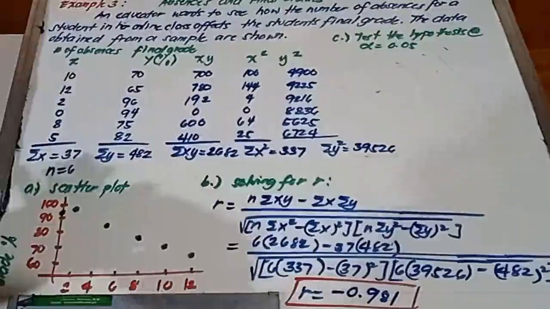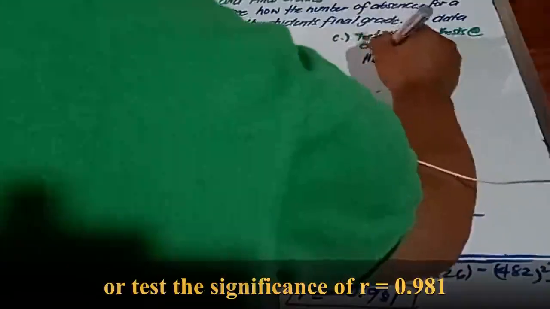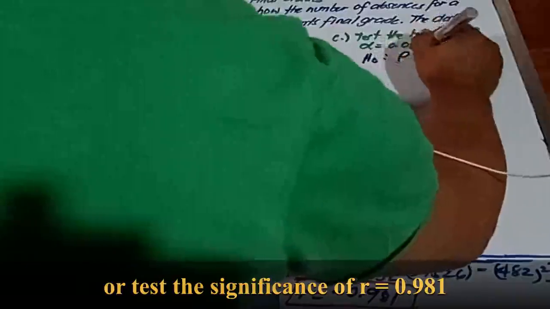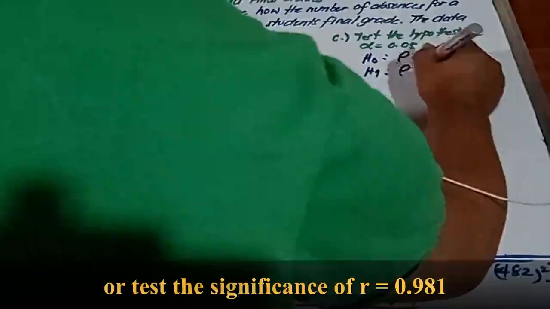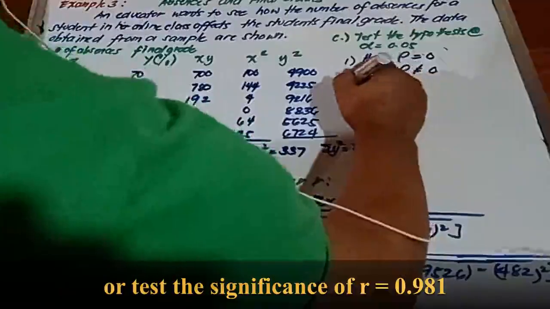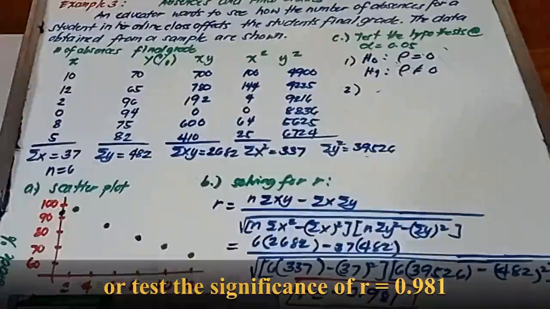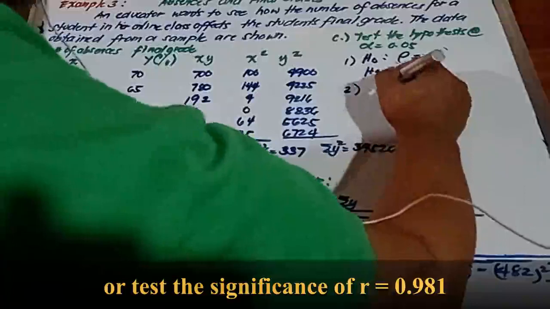Then, ang ating null hypothesis is no difference, no relationship. Alternative is there is a significant relationship.